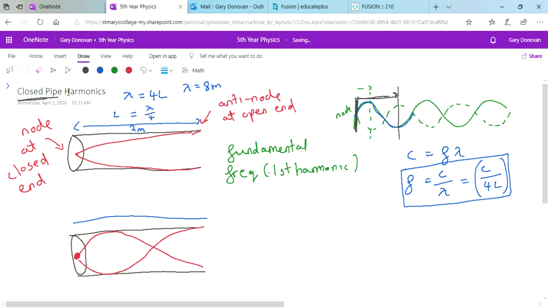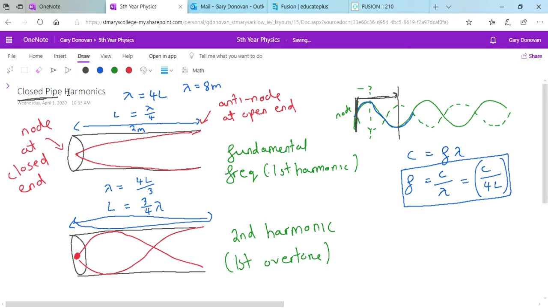In terms of wavelength, our L would be 3/4 of one wavelength. So one wavelength would be 4L over 3. If L was 2 meters long, multiply by 4 and divide by 3 to give you the wavelength. By the way, I didn't write it down, but this is our second harmonic. Follow the pattern. Our second harmonic is also known as our first overtone.